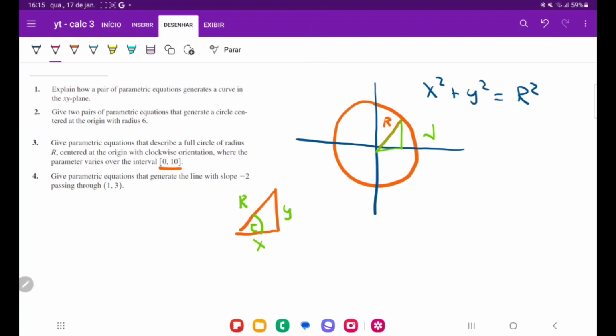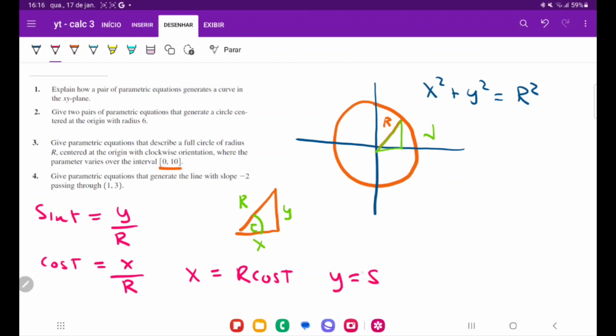Because if we remember that sine of t, sine is opposite over hypotenuse, so the opposite is y, hypotenuse is r, and cosine of t, which is adjacent over hypotenuse, x is adjacent and r is the hypotenuse. So if we multiply both sides by r, we get the equations x is equal to r cosine t, and y is equal to r sine of t.